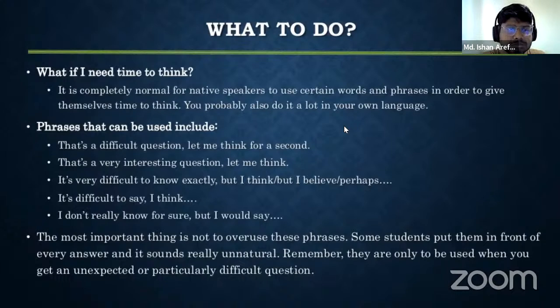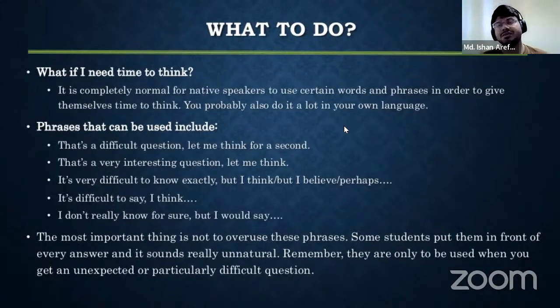Now, what if I need time to think? It is normal for you, because you're not native speakers, to take some time. If you need some time to start answering the question, you can tell this to the examiner. You can say that your question is a difficult one, and let me think for a moment.